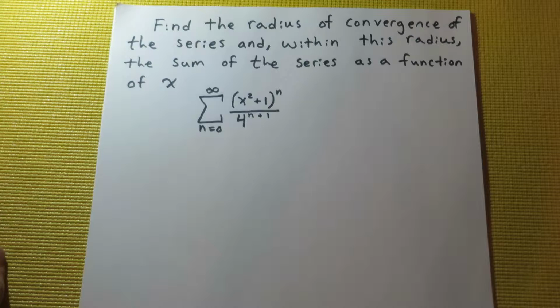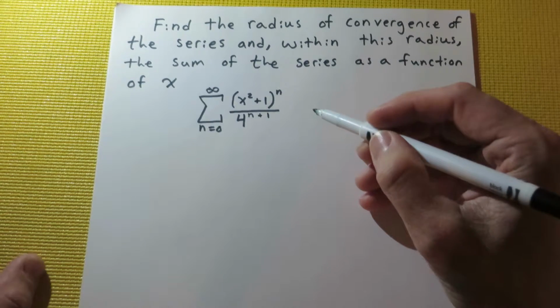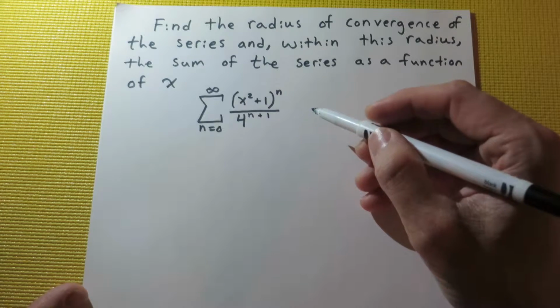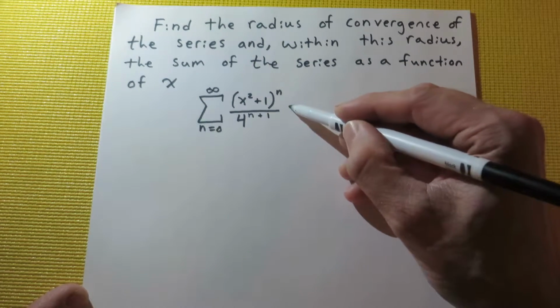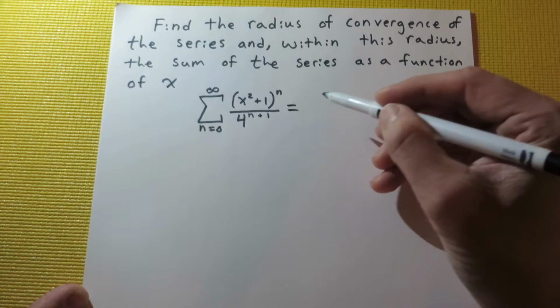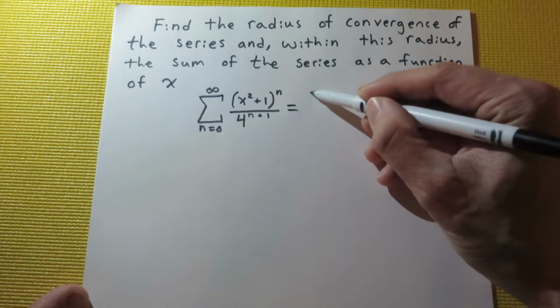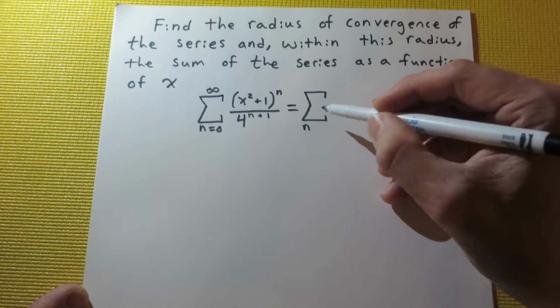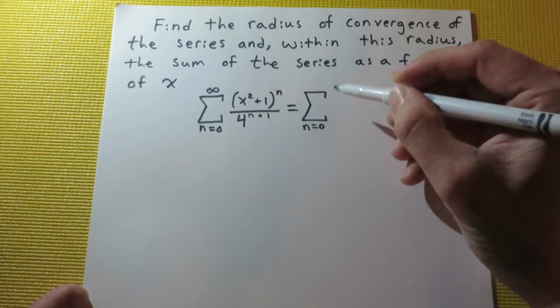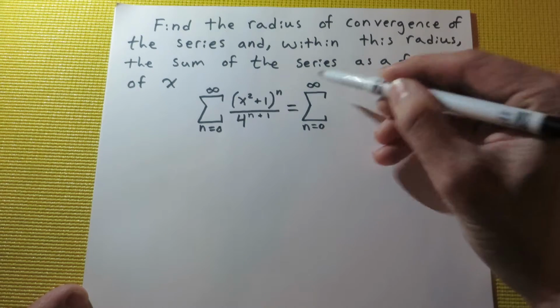Before we start evaluating this, it'll be helpful to do some algebraic simplification. So this is going to be equal to the sum from n equals 0 to infinity.